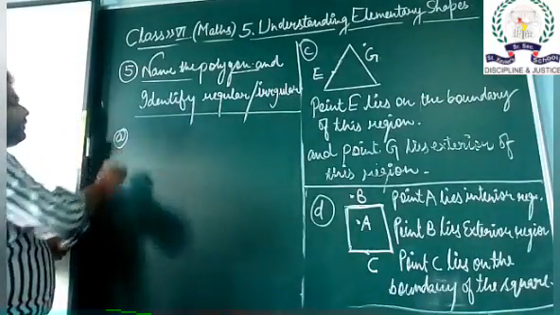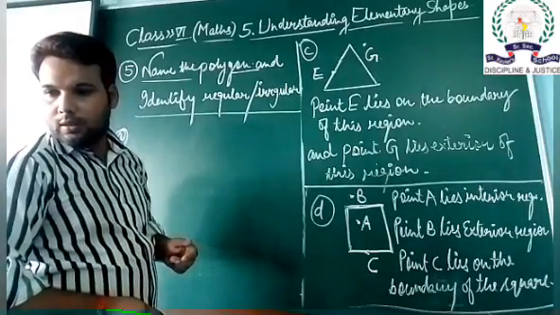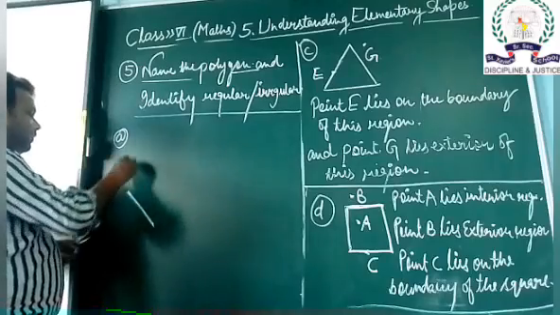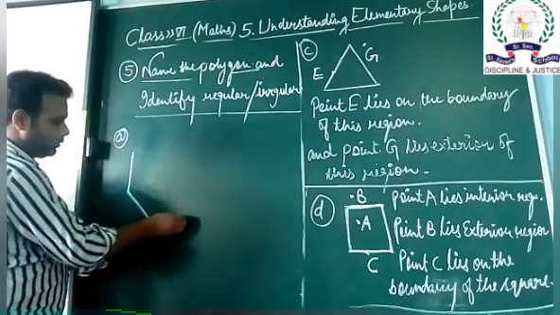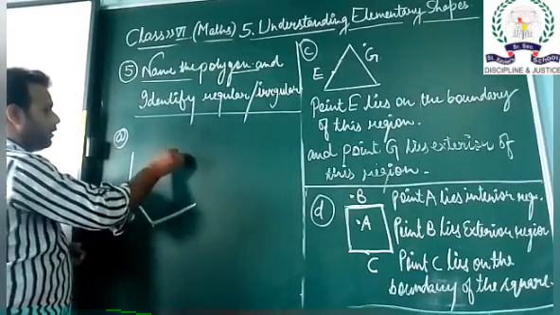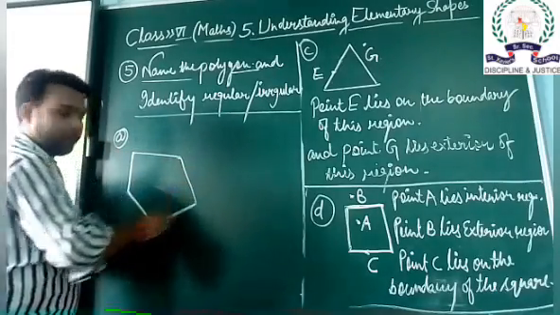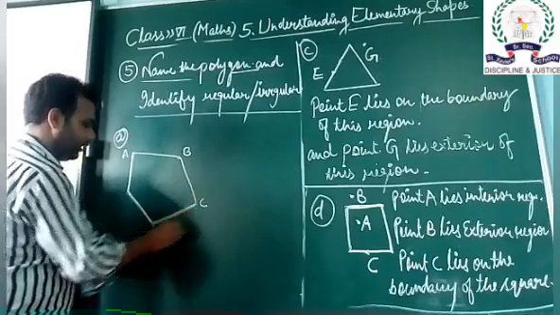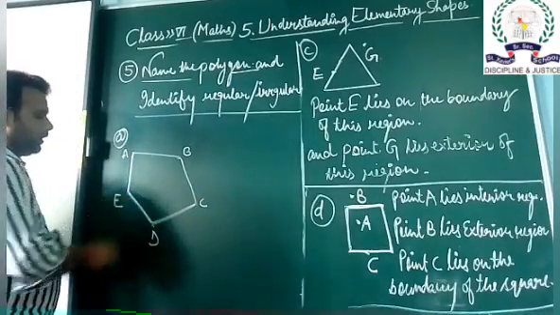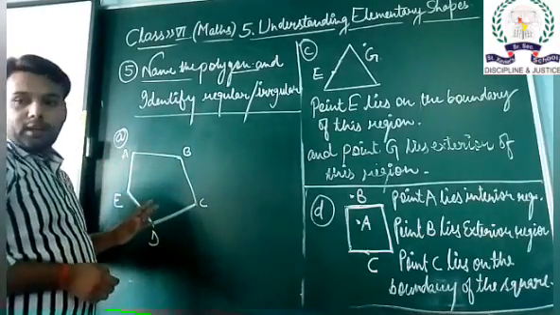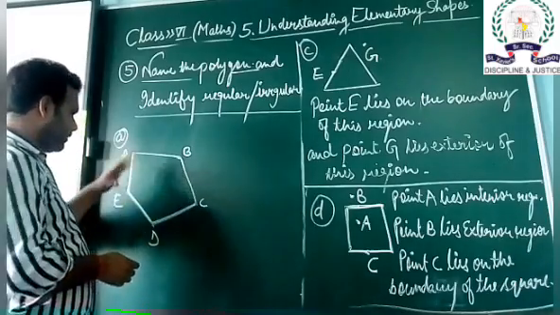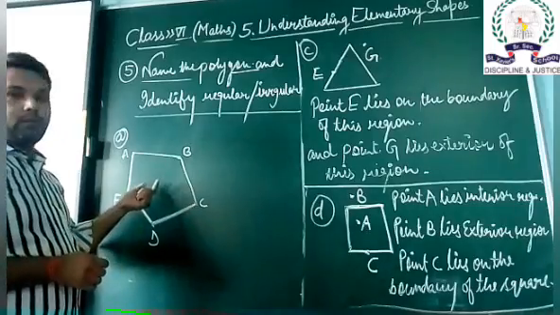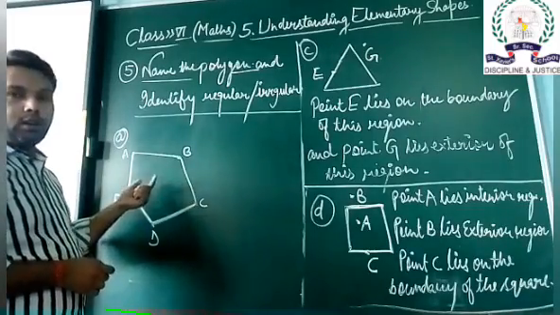The first is given. 1, 2, 3, 4, 5. A, B, C, D, E. Look at that, there are 5 sides and on measuring the angles and the sides, it is a regular polygon.